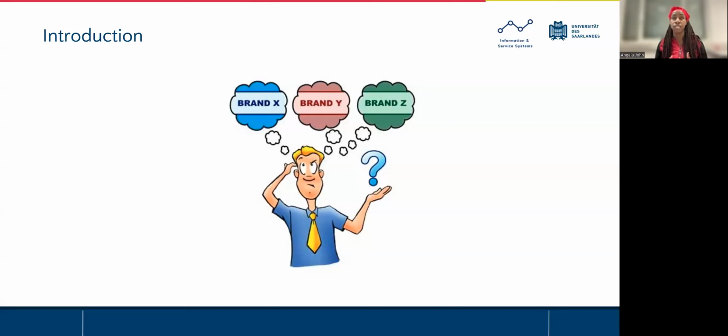That is why we want to dig deeper into recommender systems, specifically for software, helping product managers or managers of any institution to make decisions on which software, based on their requirements, they should purchase.